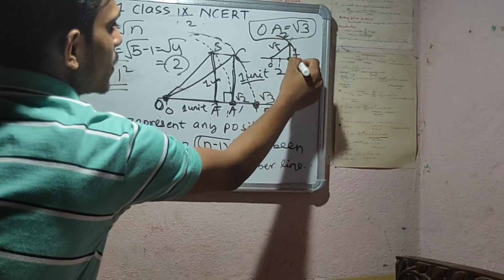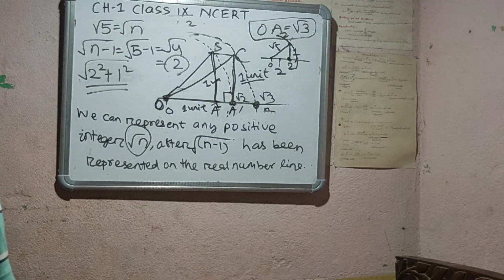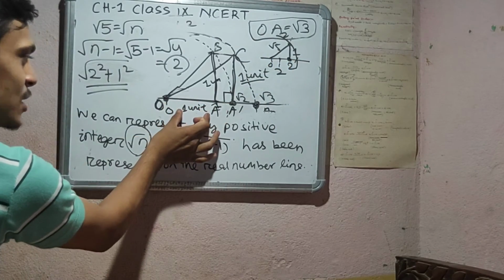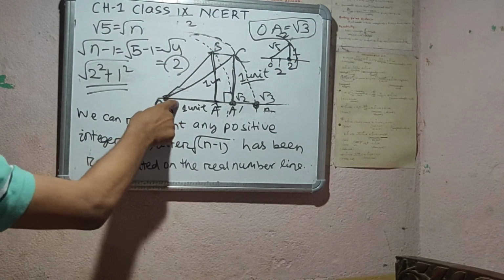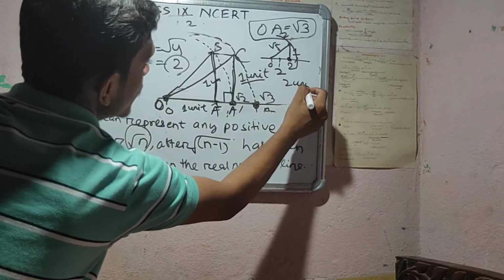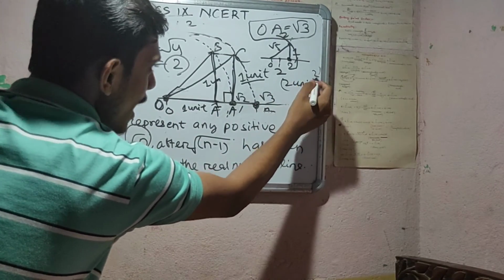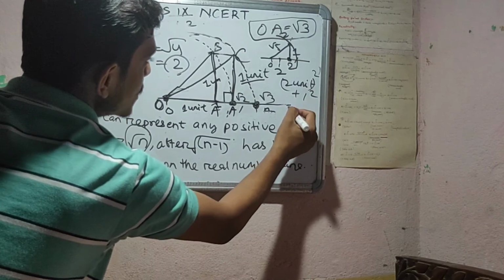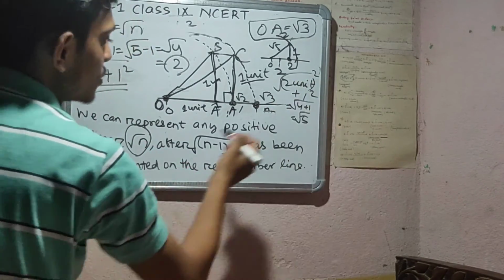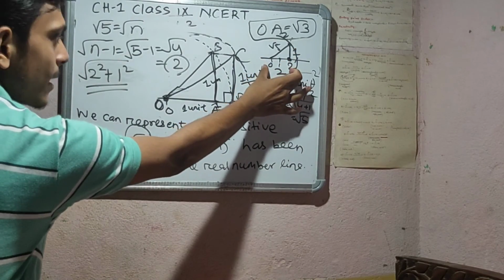In this way you can find it. Yes or no? So you have to take 2 here. Previously, for root 2 and root 3, you took 1 unit, but here you have to take 2 units, because 2 units square plus 1 unit square is equal to 4 plus 1, that is the square root of 5. Clear?